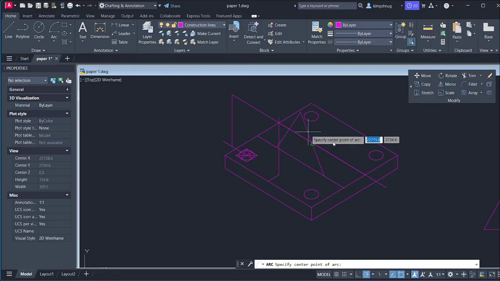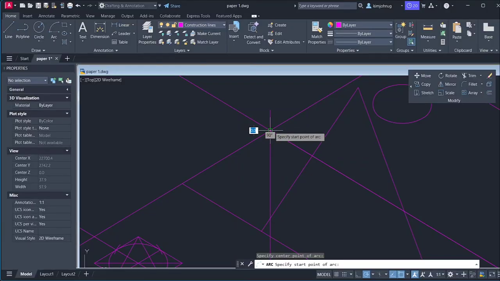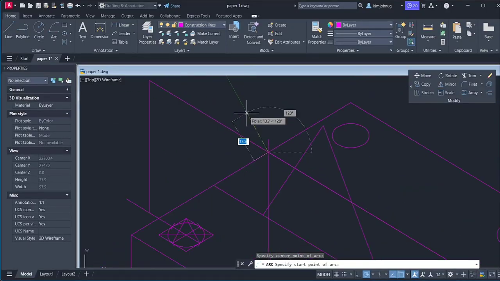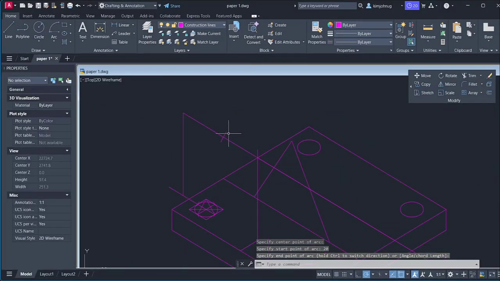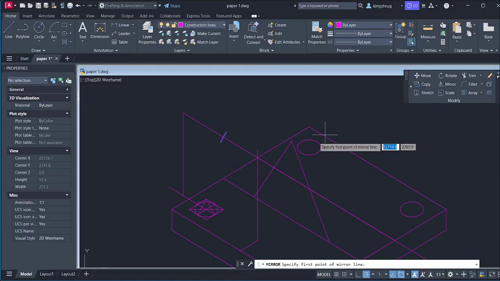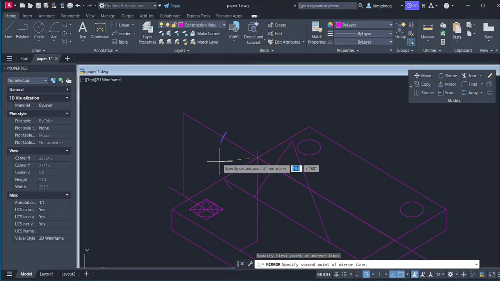So I'm going to use the arc tool and draw. 40 divided by 2 is 20 and 20. So 20 this side. If I want to mirror this, I can just select it and mirror by this center.